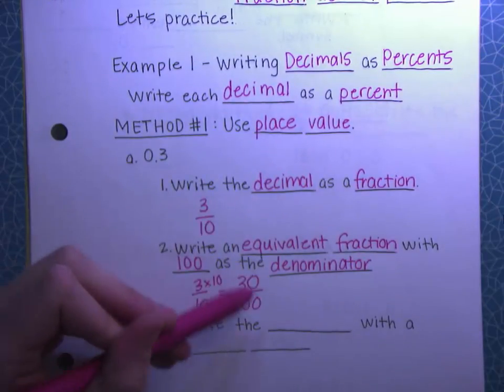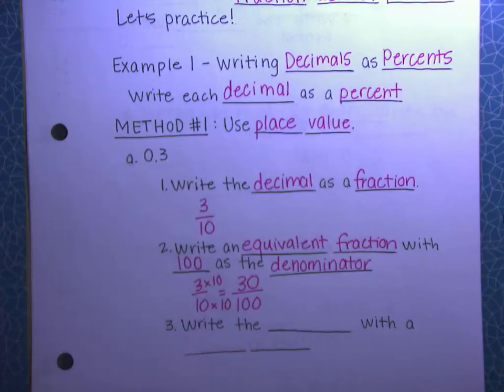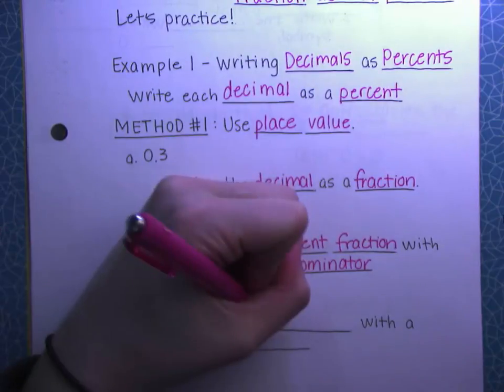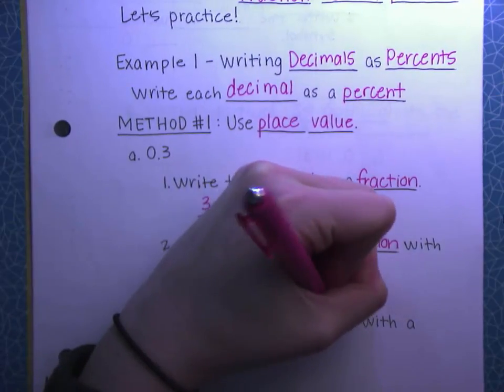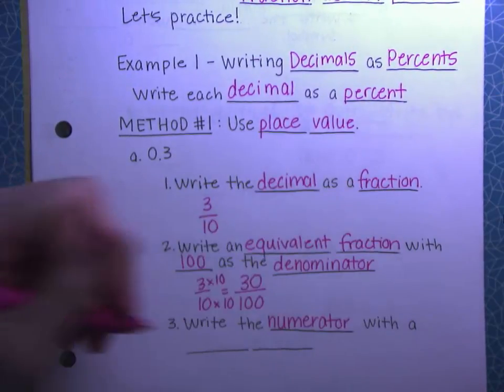Now this looks kind of like something we did yesterday. When we would write a percent as a fraction, we started off writing it over 100. So really the last thing we have to do is write the numerator with a percent symbol.